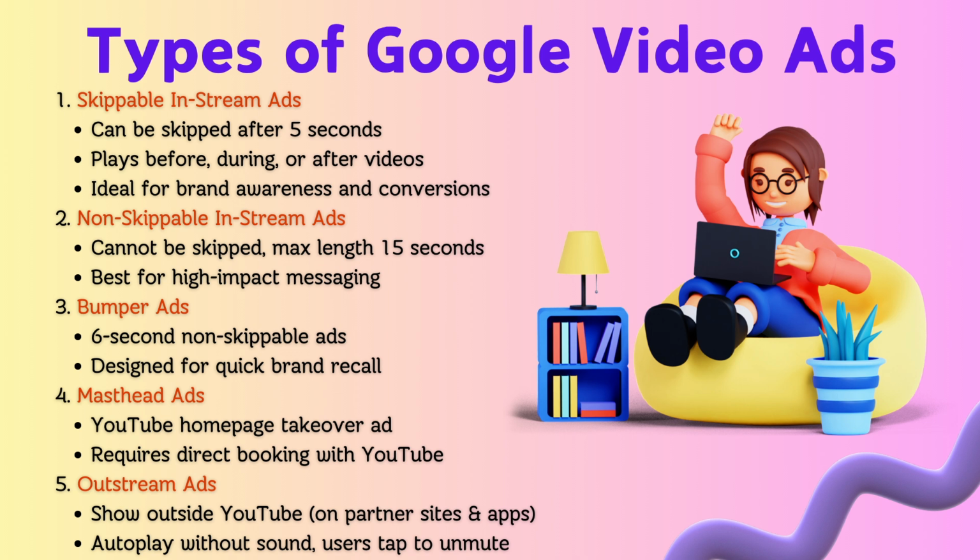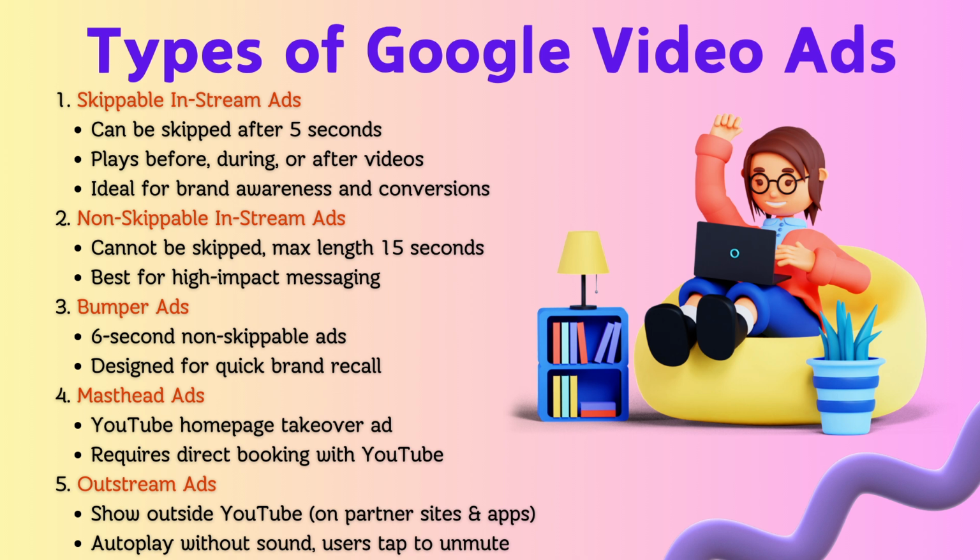The third type is bumper ads. Bumper ads are up to 6 seconds only. So a video which you give to YouTube that is less than 15 seconds, we call non-skippable. If it's up to 6 seconds, it's called a bumper ad. If the duration is 7 to 15 seconds, then it goes to non-skippable.